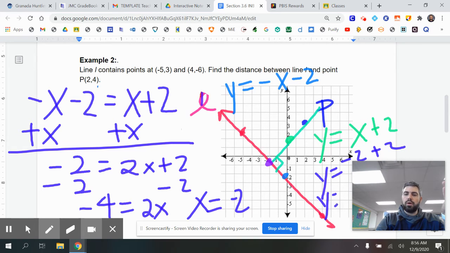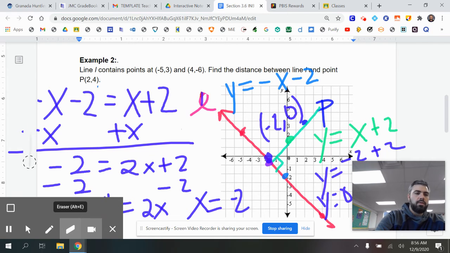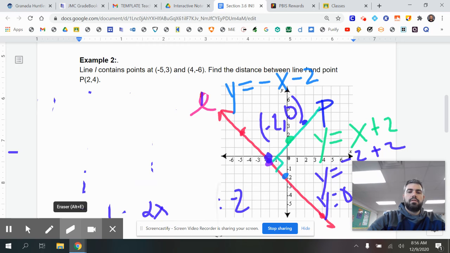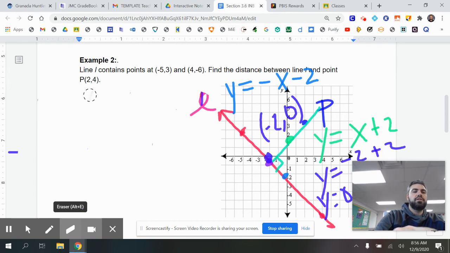So y equals 0. Our point of intersection is this point right here, negative 2, 0. We found where the two lines meet. They meet at the point negative 2, 0.